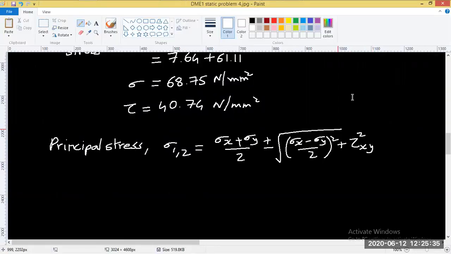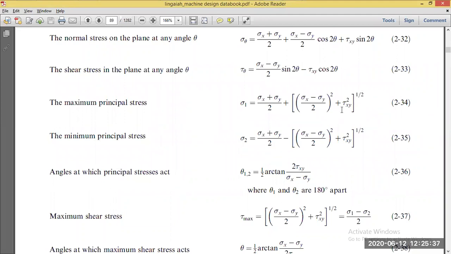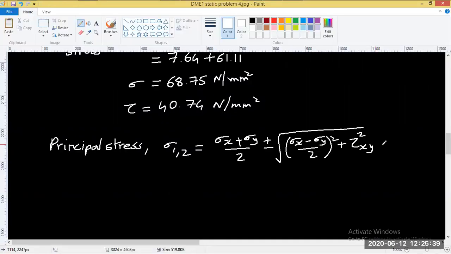So it is under the root. You can see here it's written as half, right? Half means under the root. So this is equation 2.34 and 2.35.